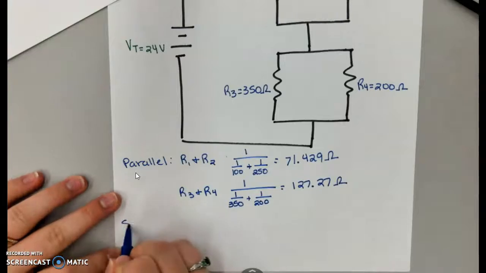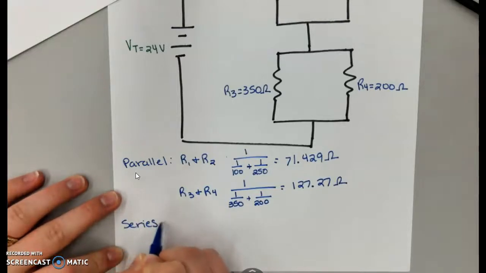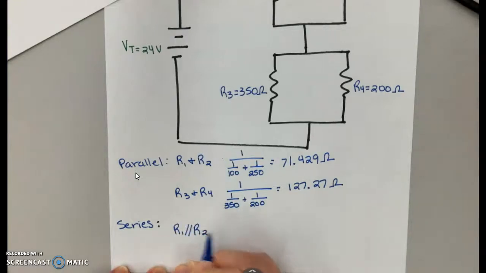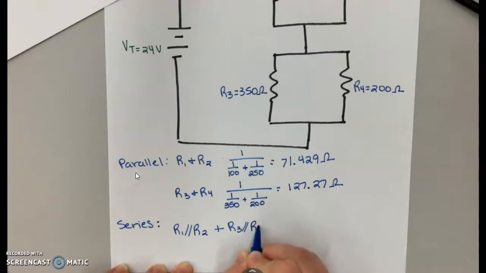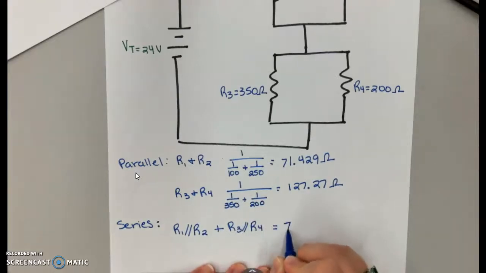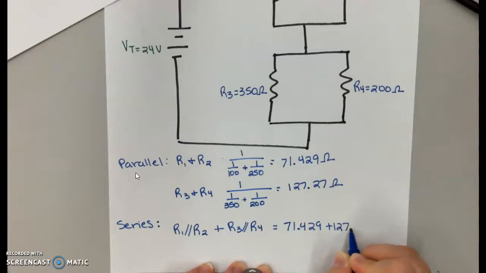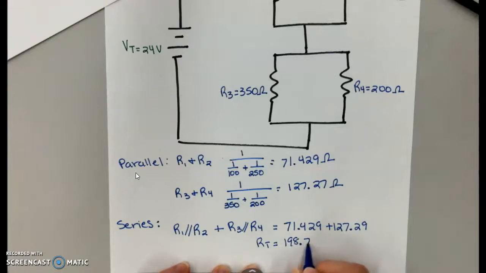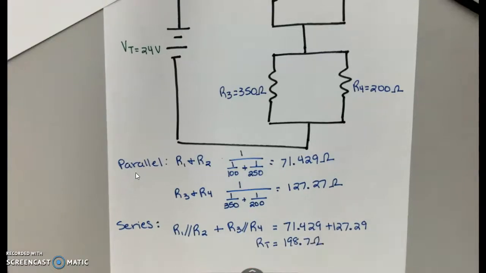Now let's look at what we have arranged in series. And that's going to be my combination of resistor 1 and resistor 2 plus my combination of resistor 3 and resistor 4. So I get to add those two values above. And my total resistance for this circuit is about 198.7 ohms.